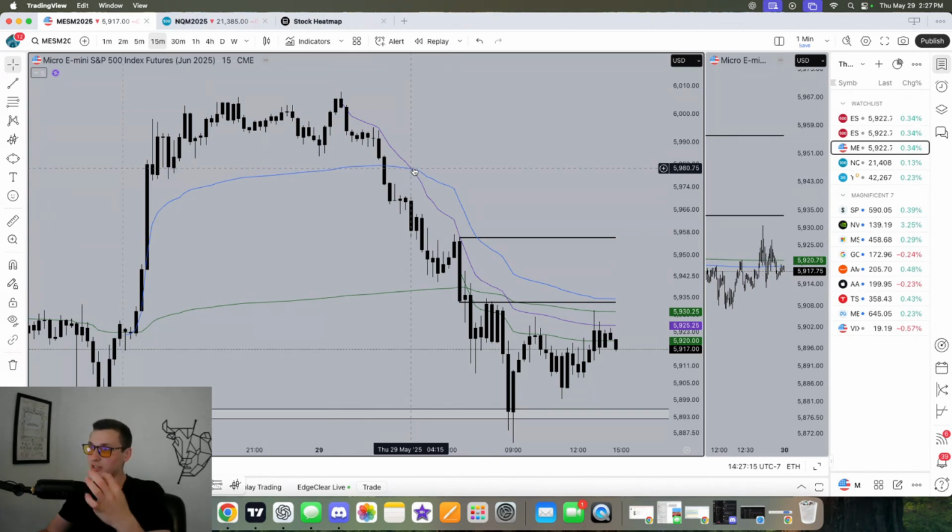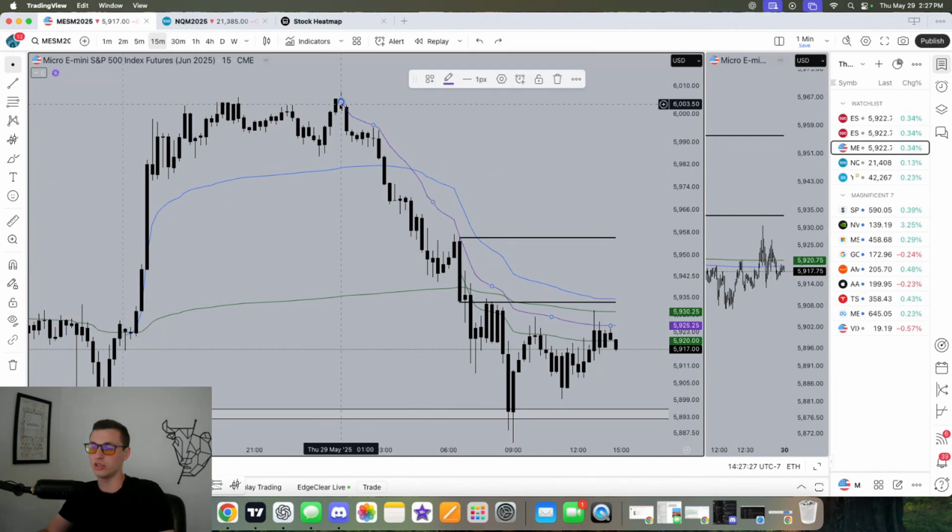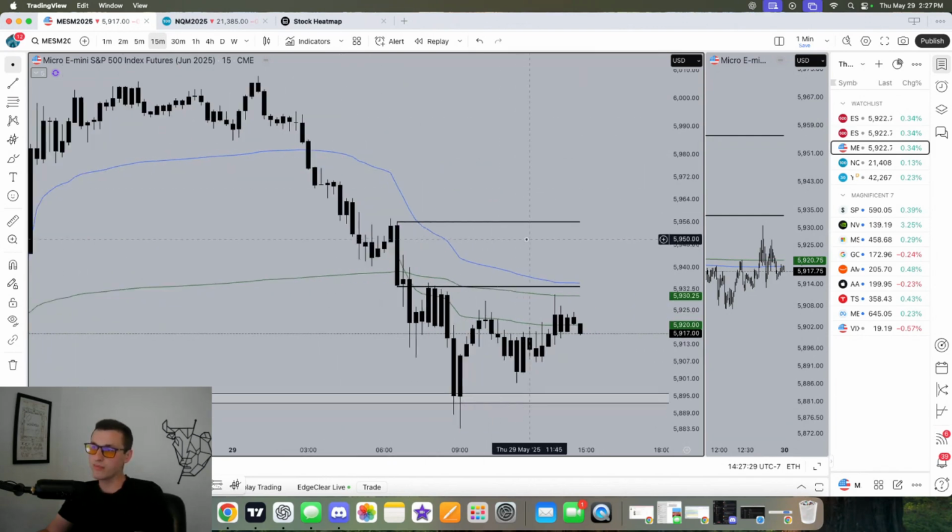You shouldn't trust it if it comes back up. If the buyers wanted to stay in control, this line would go like this, not cross over. So that's been a hugely important note for me in my trading.